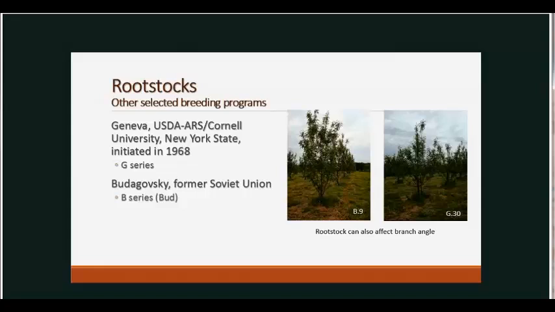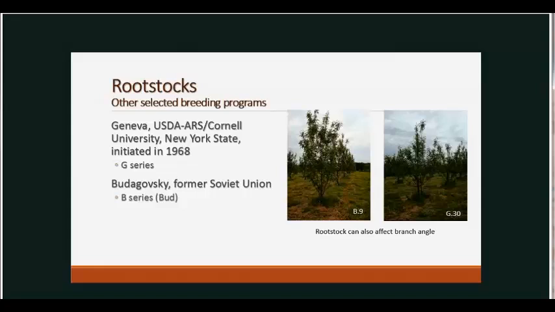Some of the other breeding programs have a lot of very much used rootstocks. Geneva is one of our newer breeding programs coming out of the USDA Cornell collaboration, and all of their rootstocks are the G series, so they have a G in front of their numbering system.